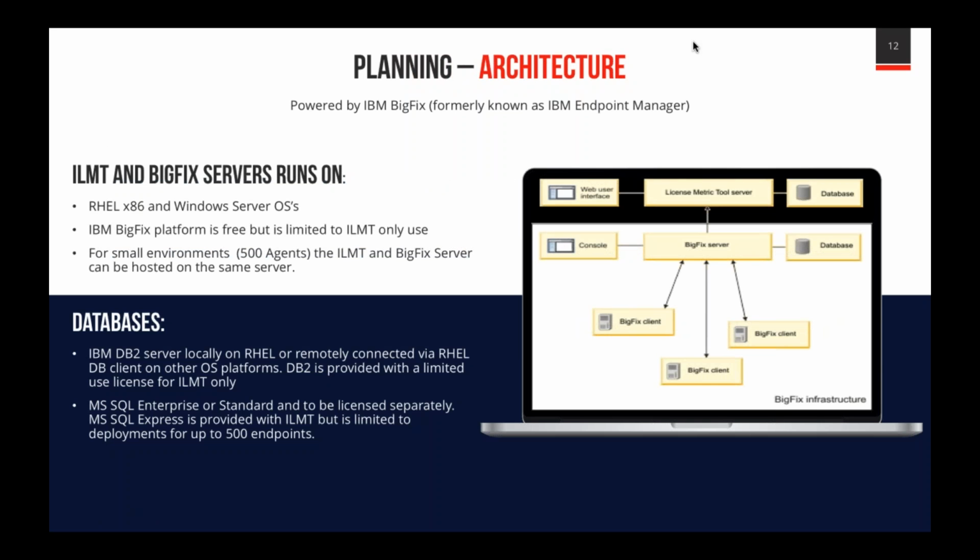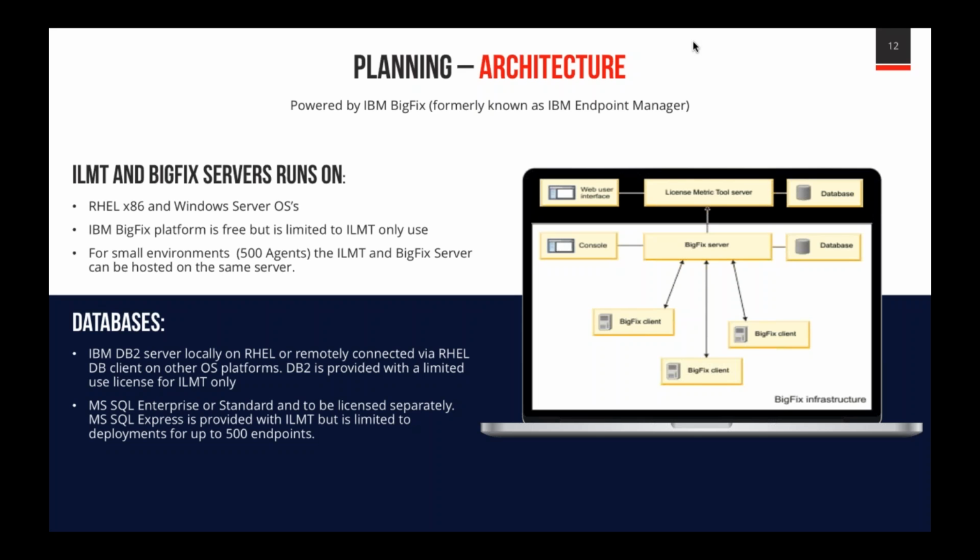So now with ILMT version 9, the actual infrastructure and the agent technology is using BigFix, which is IBM's commercial software that it sells to manage servers and desktops, providing not just inventory, but also security scanning, updates of patches, and so on. So that was the biggest change between the old version and the new version, that it's using IBM's commercial software to provide the underlying technology. And then ILMT is the application that just accesses the data that's been discovered.